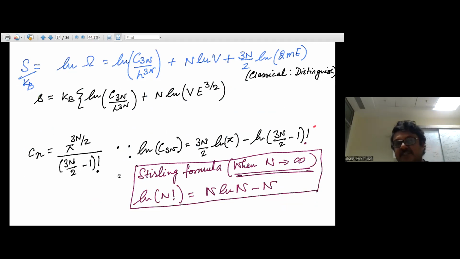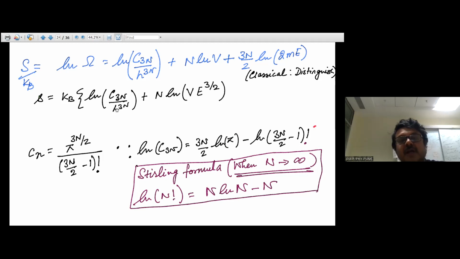And it can be calculated and checked in one. And the energy expression came as 3n by 2 ln 2 me, where E is the energy of the system, right? So we are just rewriting it. So I'm putting this 3 by 2 here so that the prefactor in front of the log terms is n, and thereby I have combined these two terms and written as n ln v e to the power 3 by 2, and this is the constant term.